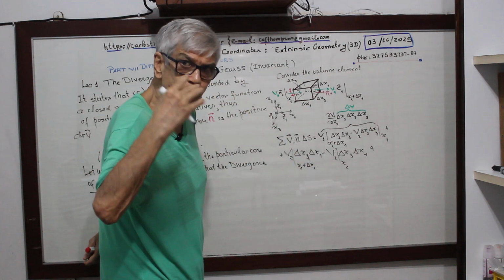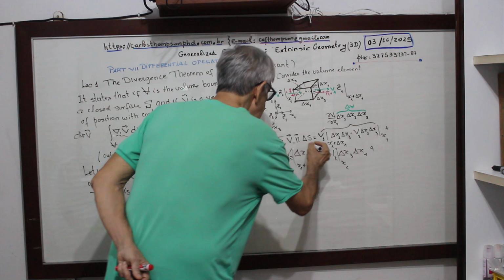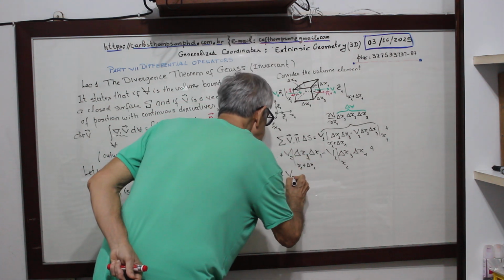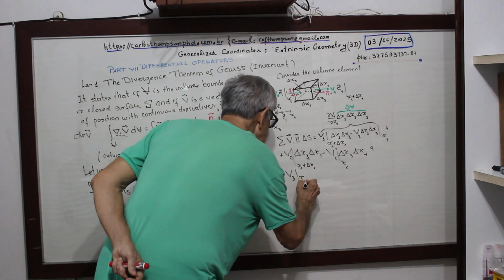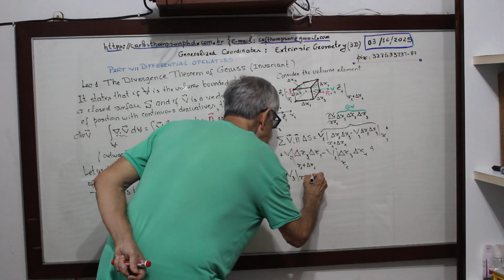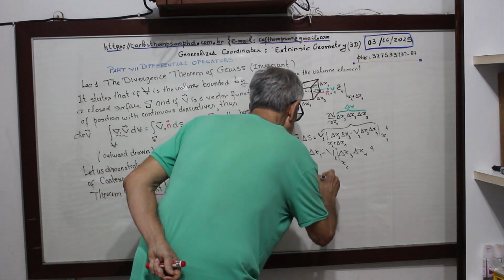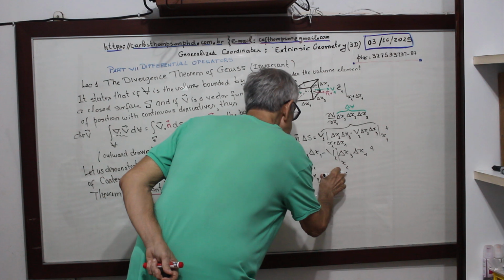We need 2 more surfaces. Let's rotate this. This is V3 at x3 plus delta x3 times the area.